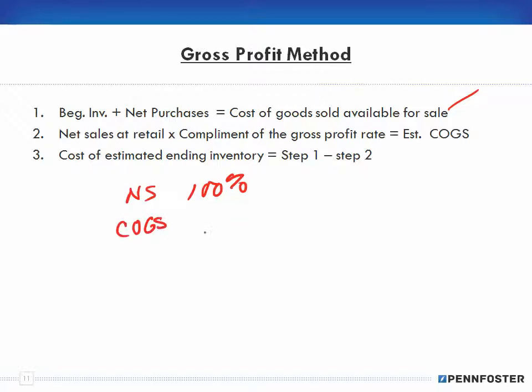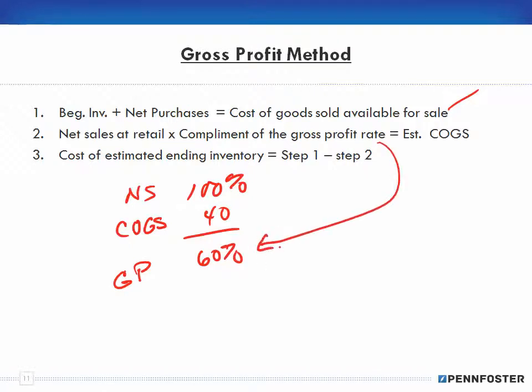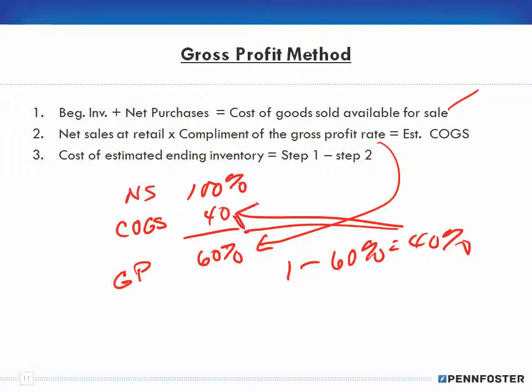Let's just say our cost of goods sold was 40%. That means our gross profit is 60%. So what's the complement of the gross profit rate? The complement is 1 minus whatever that is, 60%, which is equal to that 40%, or the cost of goods sold. That's your estimated cost of goods sold.